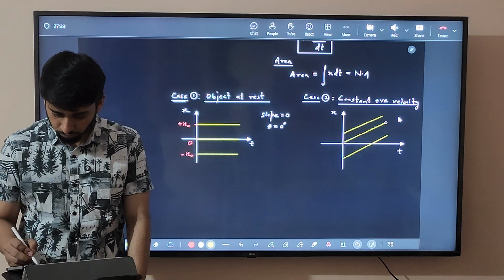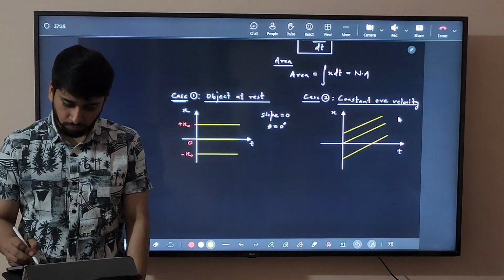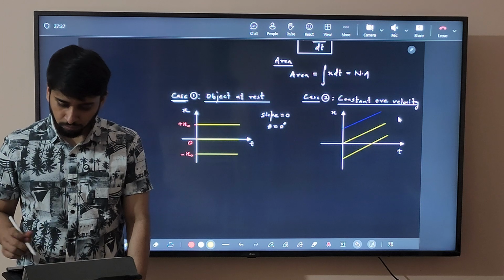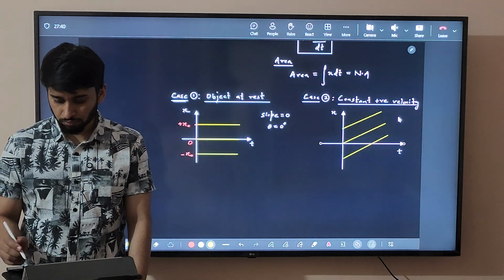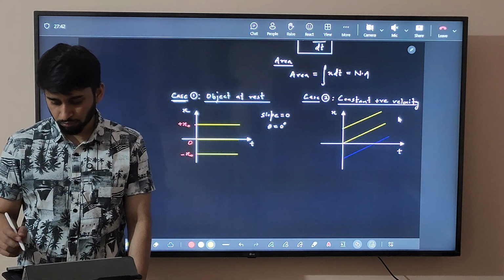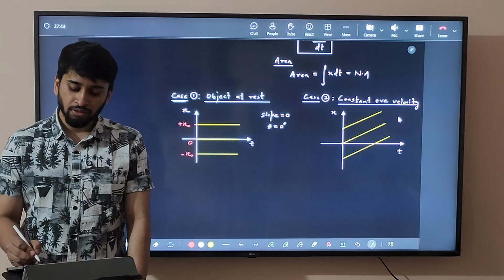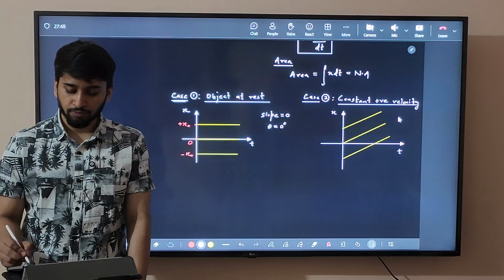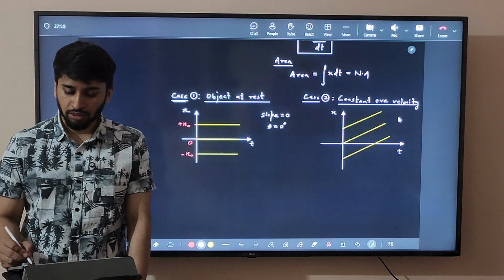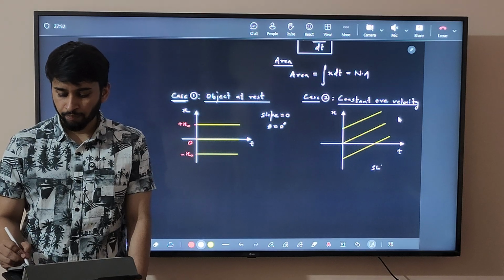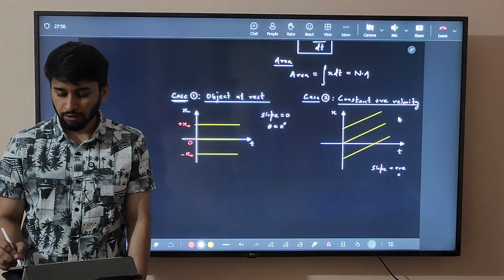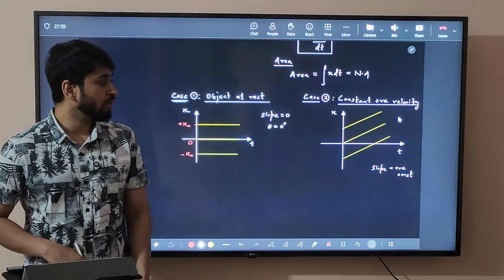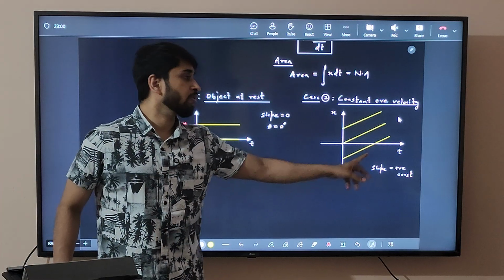Clear? Fine. So here theta should be acute. For constant positive velocity, the slope should be a positive constant.